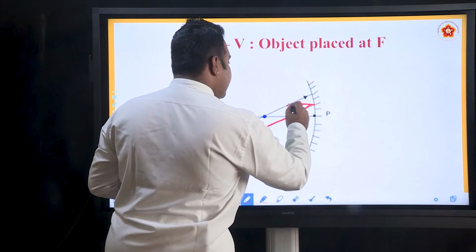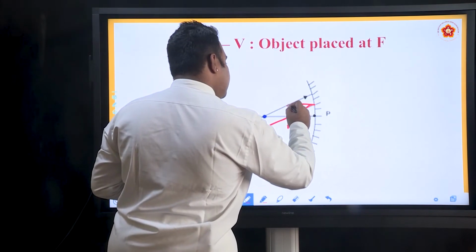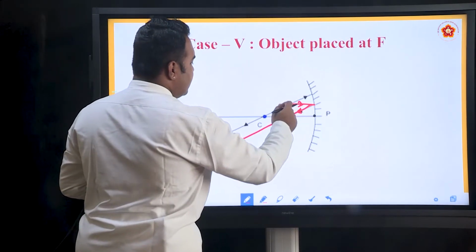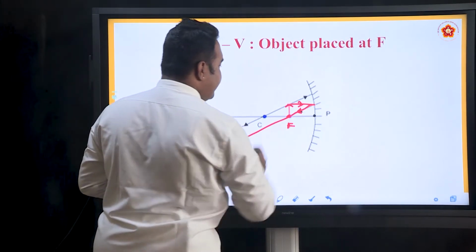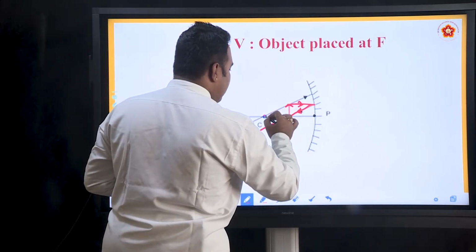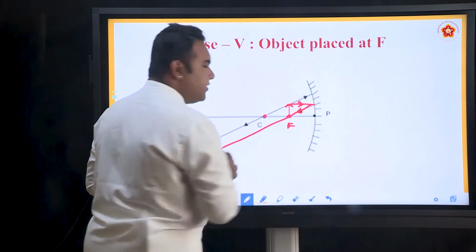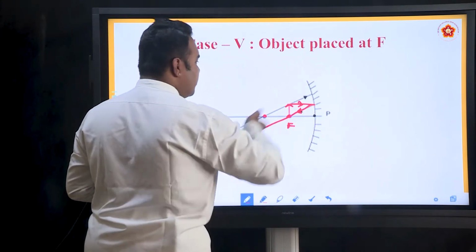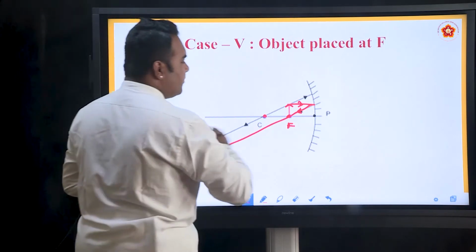Another ray of light emerging from the object we have chosen in such a way that the ray of light is directed along the center of curvature.